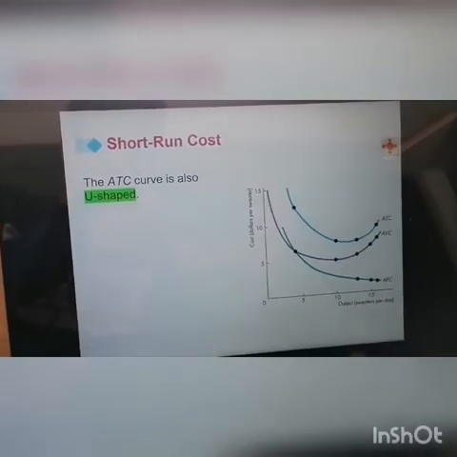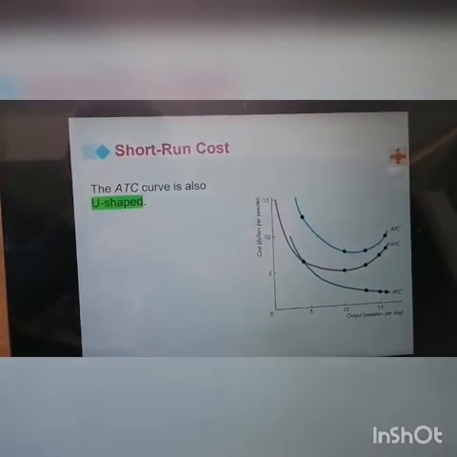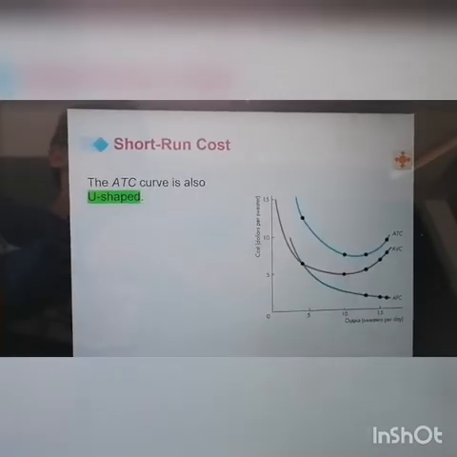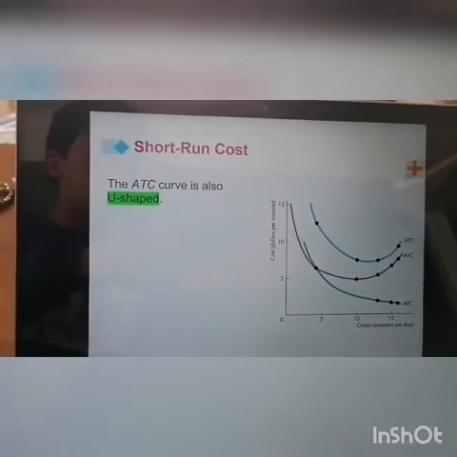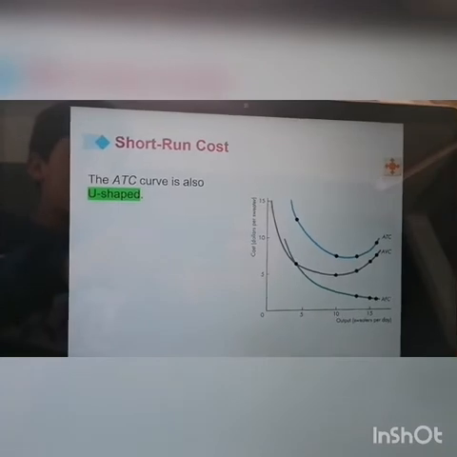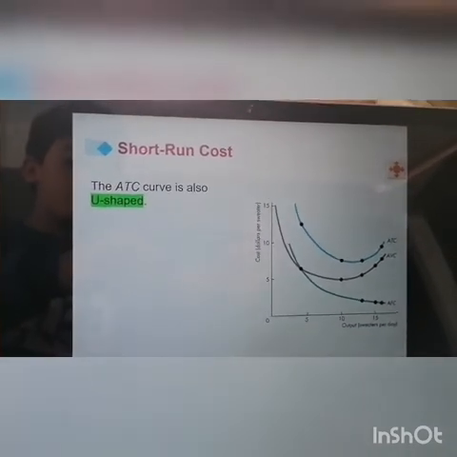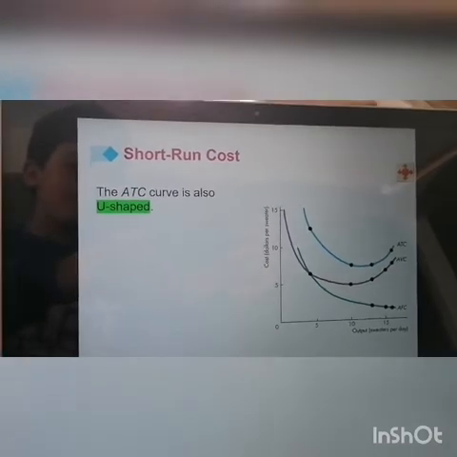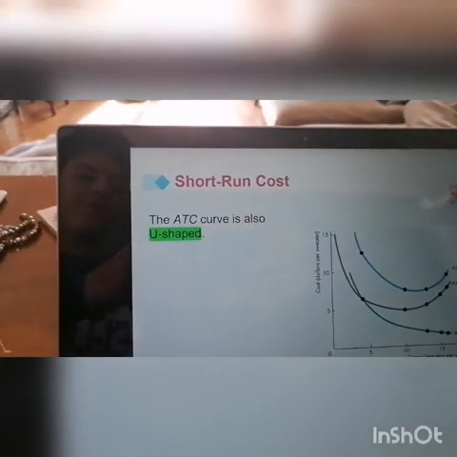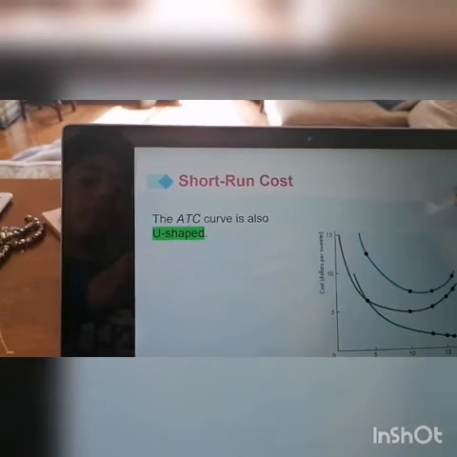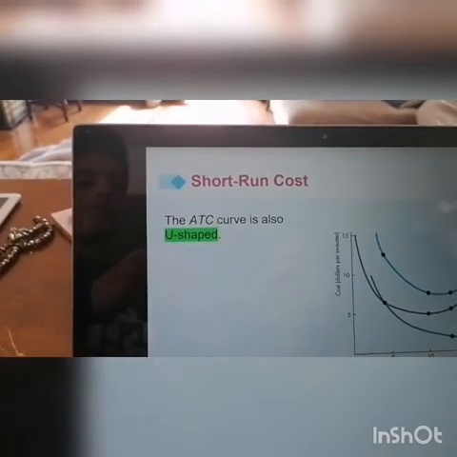The shape of the average total cost curve is U-shaped. So we have the average fixed cost, it's sloping downwards. Why? Because you keep dividing something that is fixed by output, which is increasing. First you are producing 0 sweaters, then you're producing one sweater.